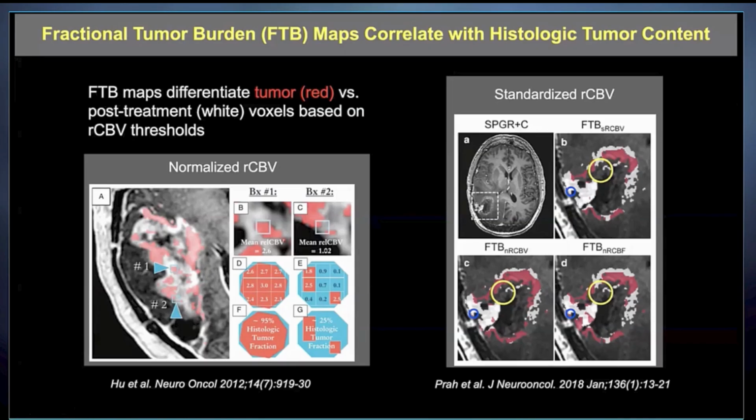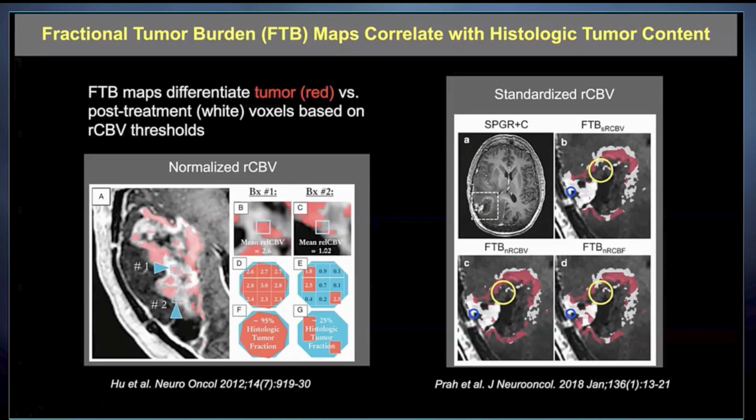But at this point, it's probably safest to visualize and understand these lesions as a continuous variable, almost like a percentage, so to speak: this lesion looks like it's maybe 50 to 60% tumor. Labeling it as a continuous variable of fractional tumor burden may help us understand the prognostic implications down the road in terms of correlating with survival.